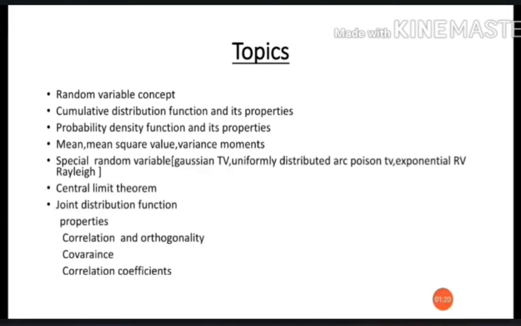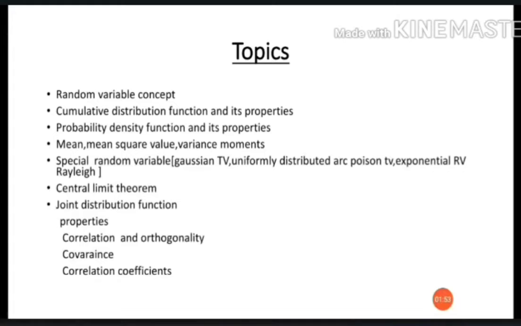So the topics I'm discussing here are the random variable concept, the cumulative distribution function and its properties, the probability density function and its properties, mean square value, variance, moments, and special random variables: Gaussian, uniformly distributed, Poisson, exponential, and Rayleigh.